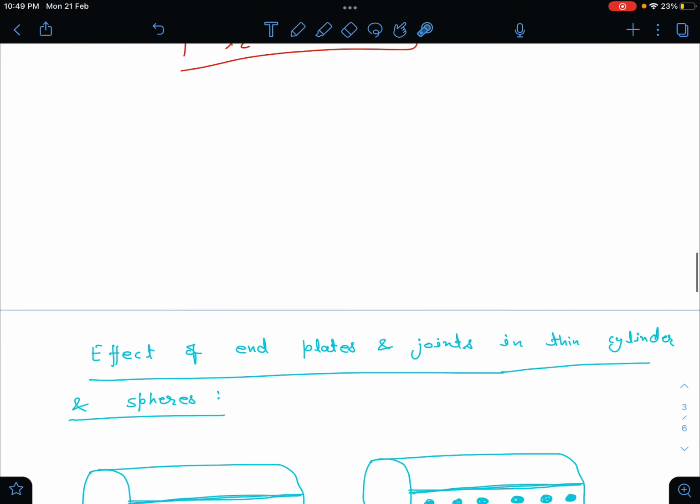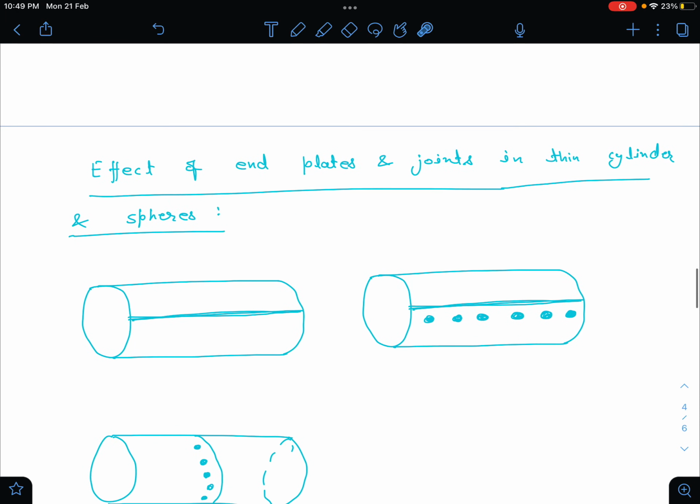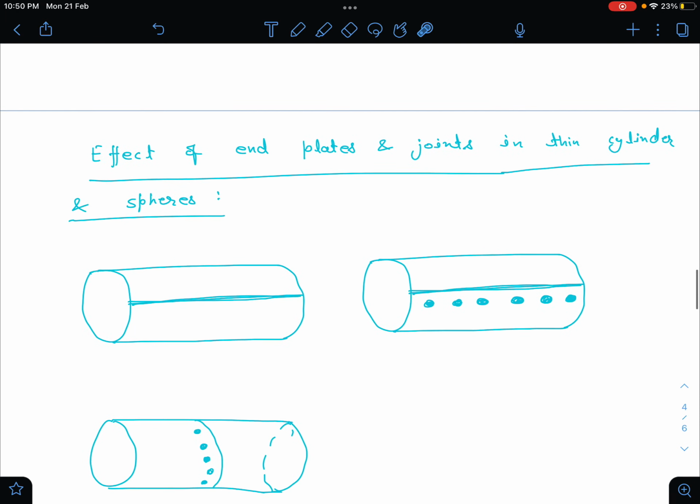Okay, after that let us talk about the end effect. So whatever the expressions we have derived for sigma theta theta s or sigma theta theta in cylinder, or for sigma zz in cylinder, there we have assumed that the cylinder is perfectly cylindrical and the material is isotropic throughout.